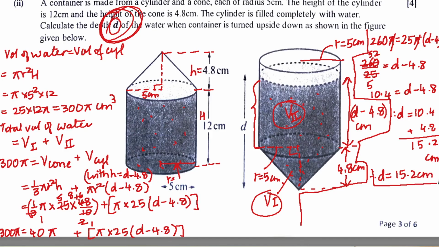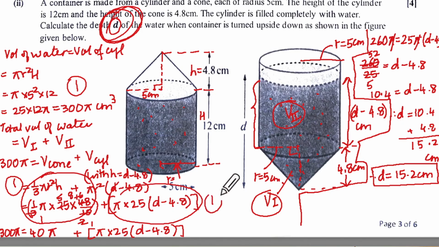Did you understand this? This was a 4-mark question. Yeah. 1 mark for getting this and correct substitution of this. This will be 1 mark and this will be 1 mark. So that will be your 3 marks, and then to solve and get this is the 4th mark. Understanding? Yes.